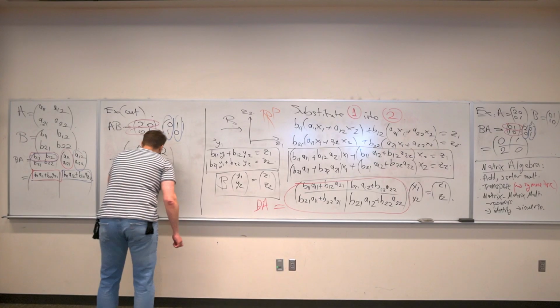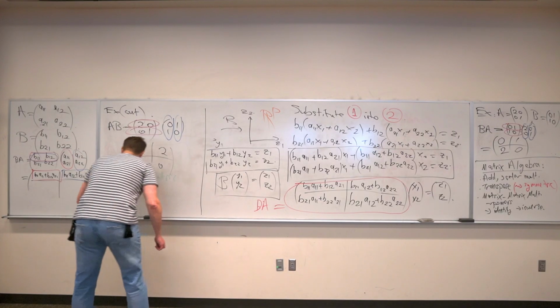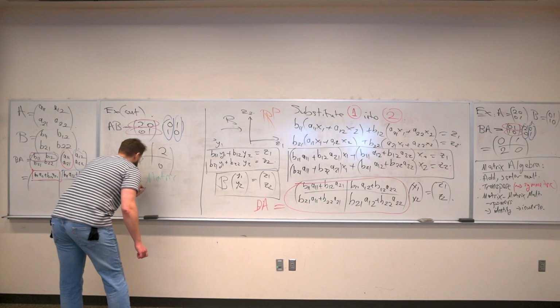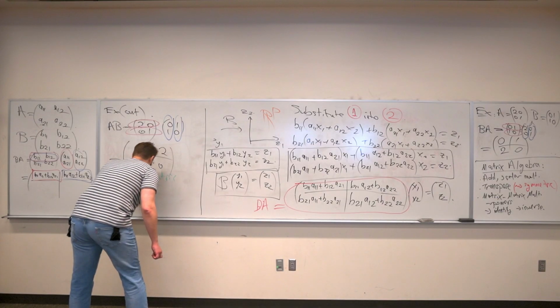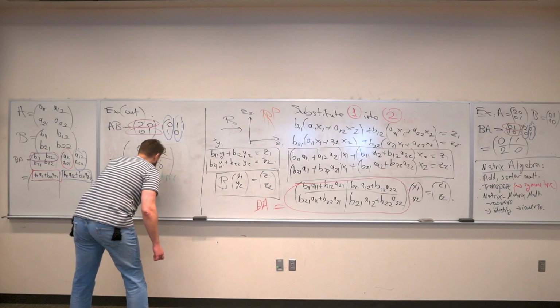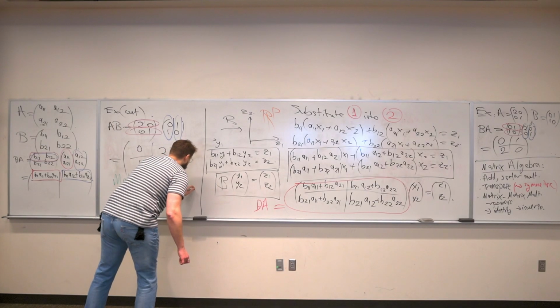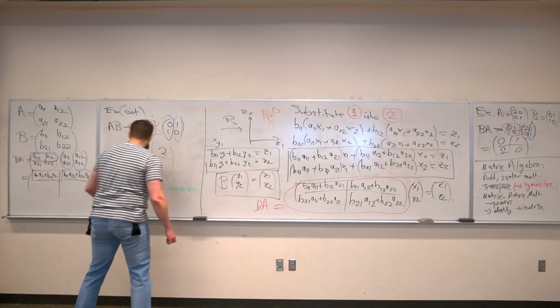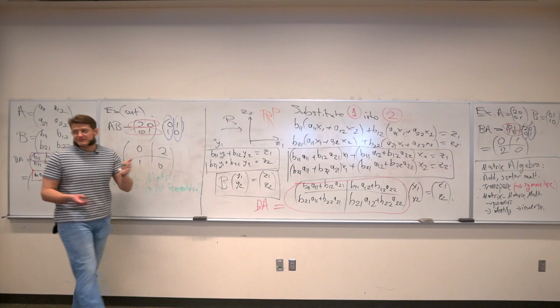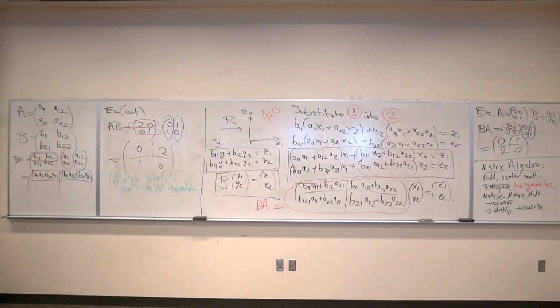Matrix multiplication is not commutative. It's not important what this is called technically. Don't worry about it. All you need to know is that AB is not in general equal to BA.